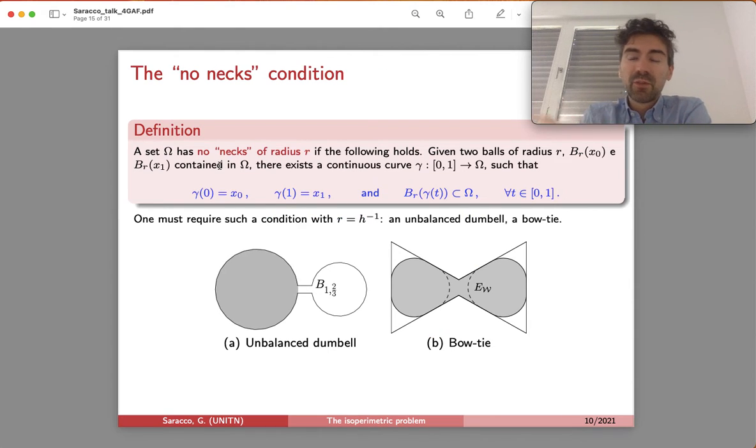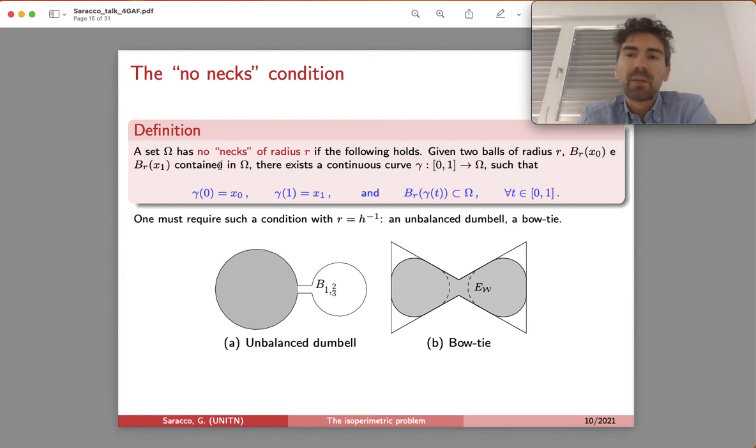So let me give you a necessary condition that we introduced ourselves. We say that a set omega has a non-x of a given radius r if the following condition holds. Whenever you pick two balls of this radius r contained inside omega, you can drag one onto the other in a continuous manner without ever exiting the set omega.